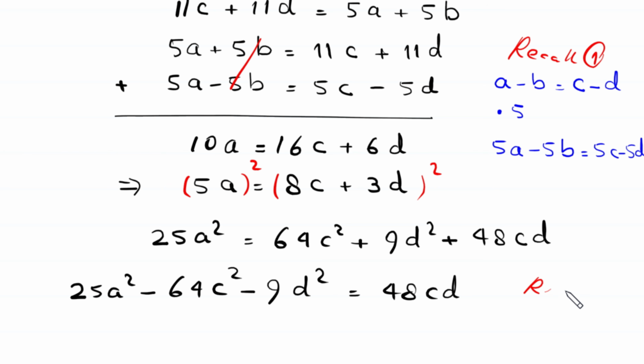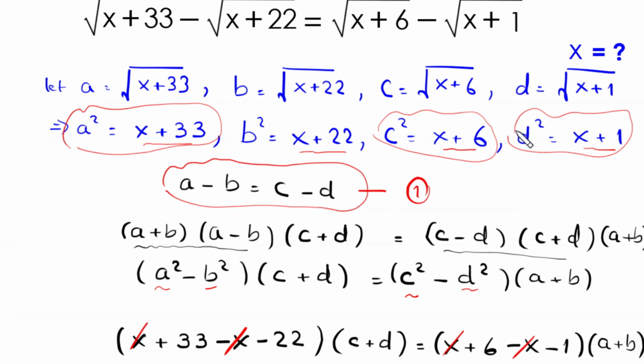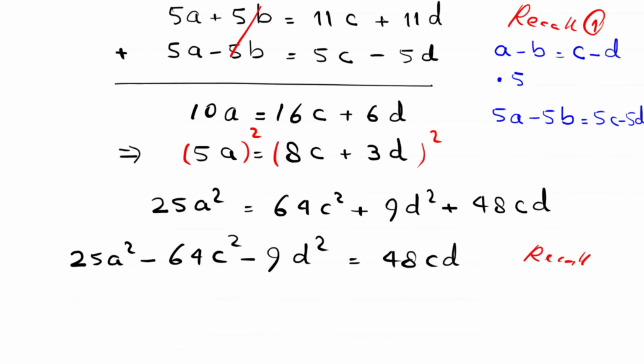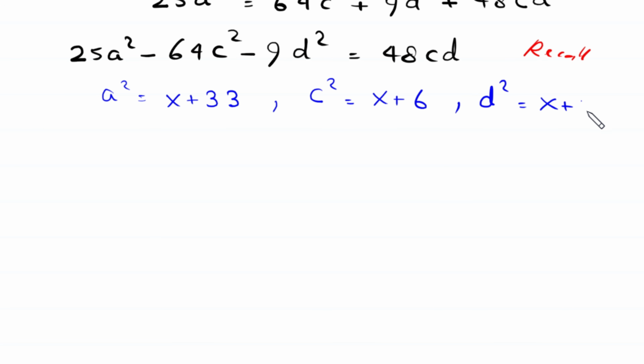Now recall that a squared equals x plus 33, c squared equals x plus 6, and d squared equals x plus 1.